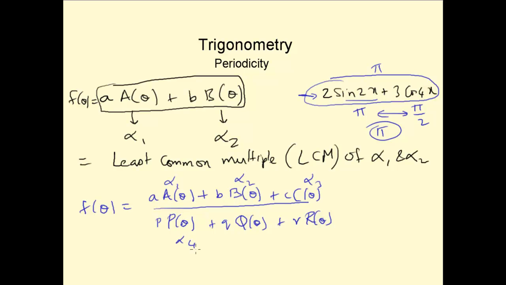alpha 4, alpha 5 and alpha 6, meaning the period for A of theta is alpha 1, the period for B of theta is alpha 2, the period for C of theta is alpha 3, and so on.